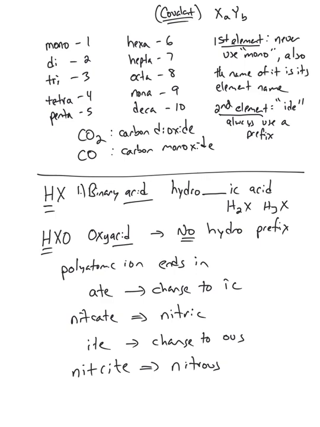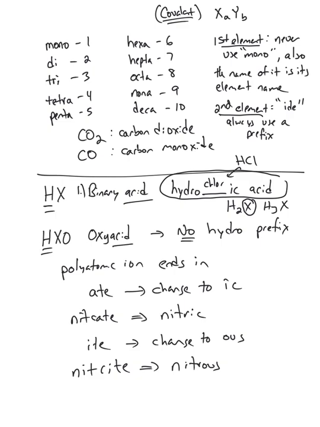To name binary acids, it's very simple. We use the naming system hydro-blank-ic acid, where the blank is the root word of the element X. For example, if it's chlorine, HCl, we take the root word of chlorine, chlor, put it in here, and we have hydrochloric acid.